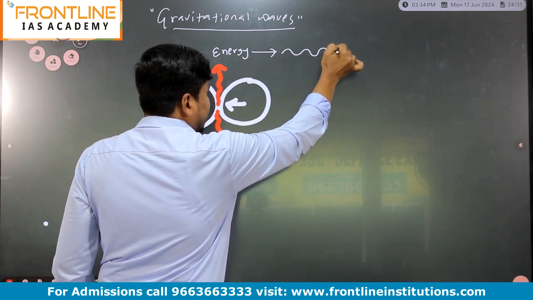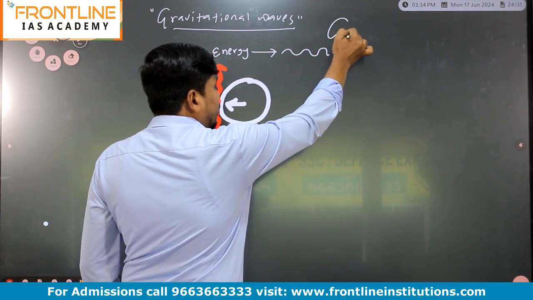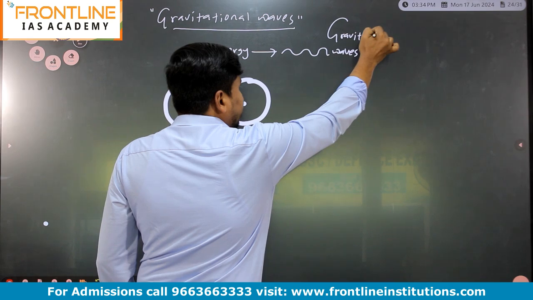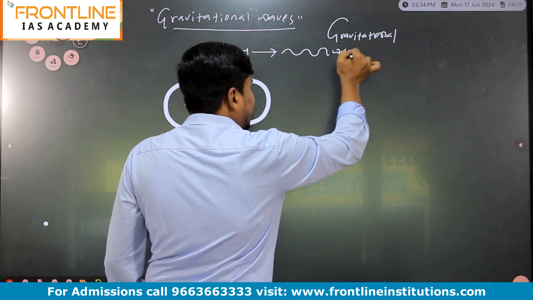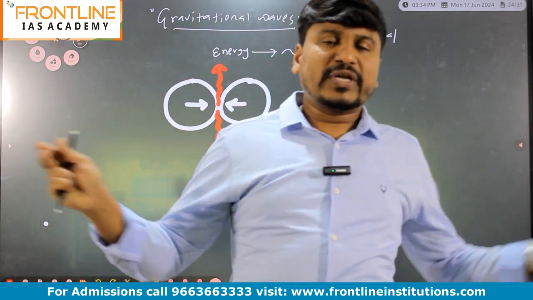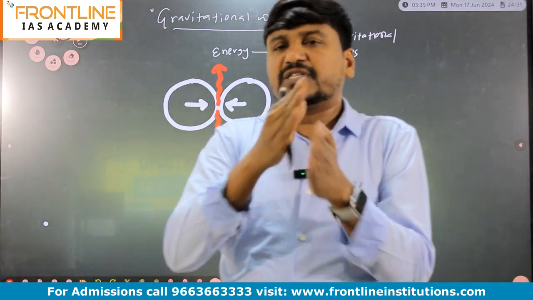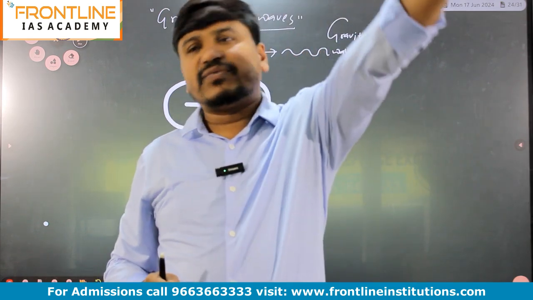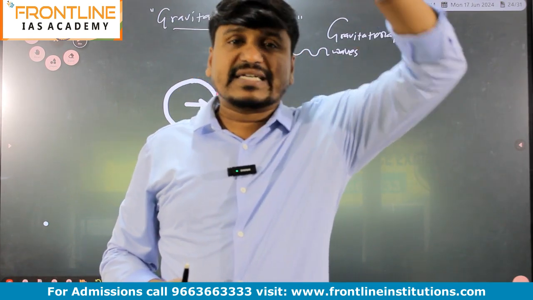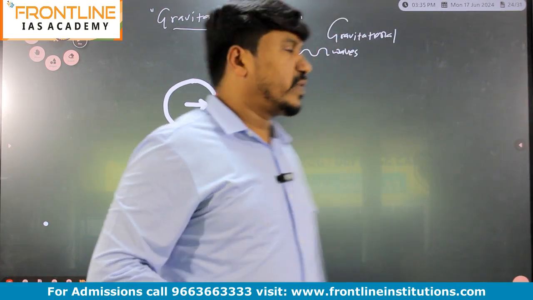Such waves are known as gravitational waves. Very important. If you get the question, what are gravitational waves? When two large black holes collide, because of their collision heat energy is released, and that energy travels in the form of waves, and such waves we call gravitational waves, right?